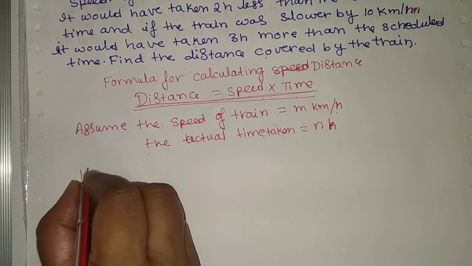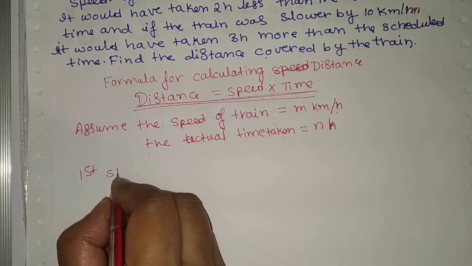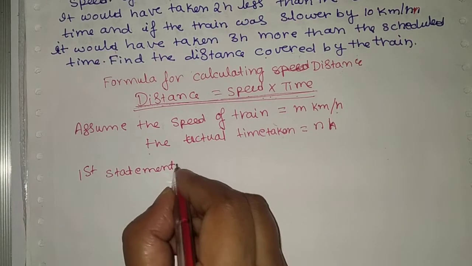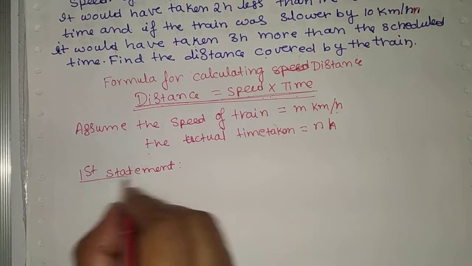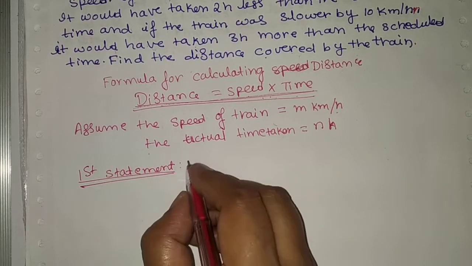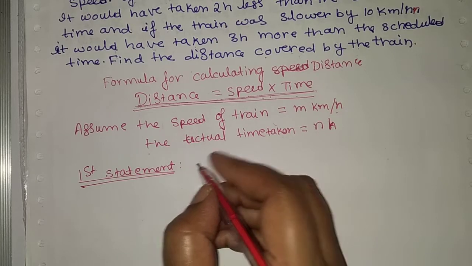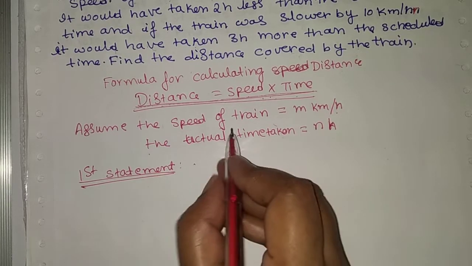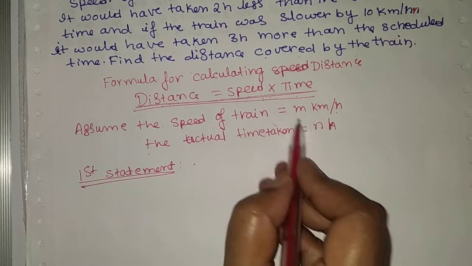Now we'll see the first statement, condition or case, anything you can call it. So the first statement in the problem: we have speed into time, this is the distance. So first we'll take speed into time, which is m into n.